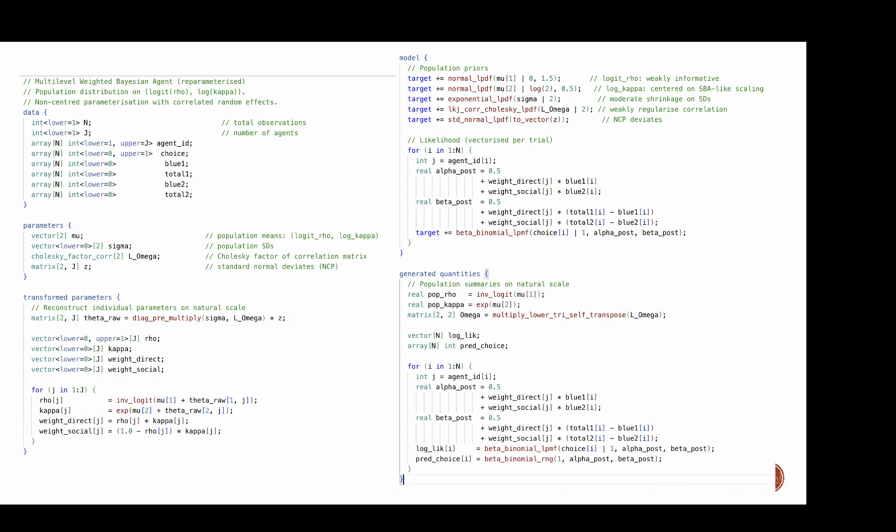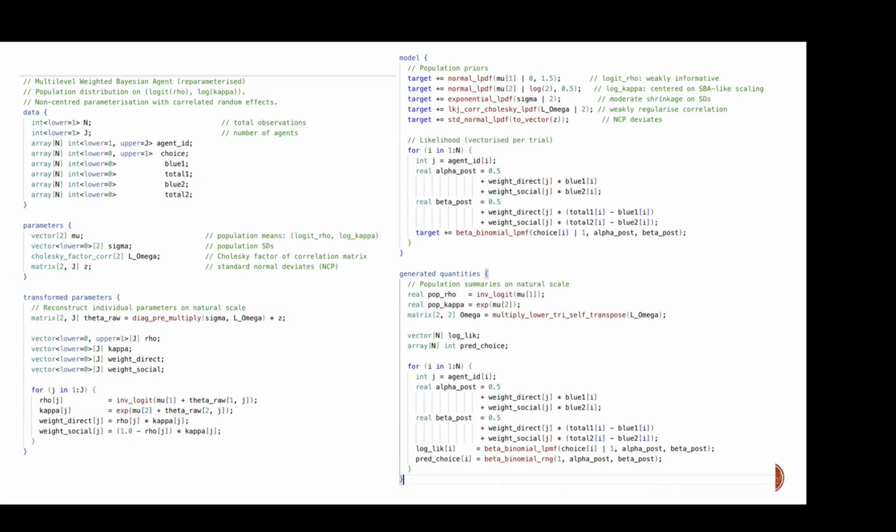We have then a vector of rho, a vector of kappa, a vector of weight direct, and a vector of weight social, which we can then put in the model.